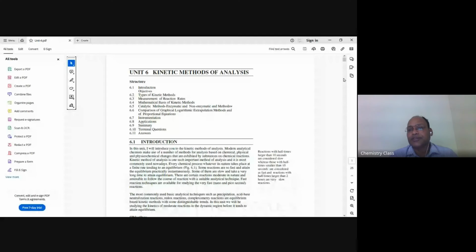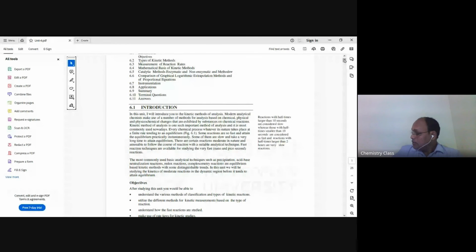Okay, now the next part of this one, the kinetic method of analysis. As you know, this particular area is associated with the kinetic method.